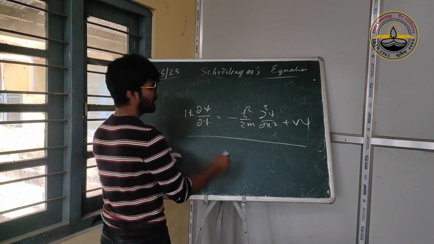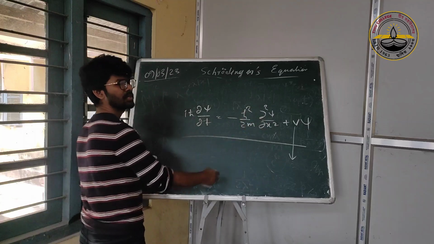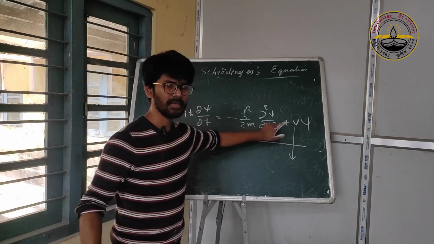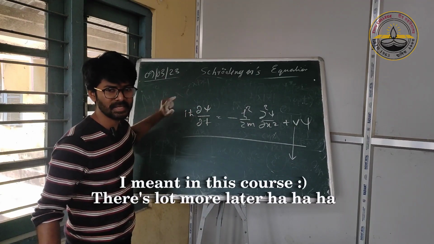I'll give you different V's every time and the same equation, but we'll get different function because of this different potential. This is all of your quantum mechanics. Basically, there is nothing else.